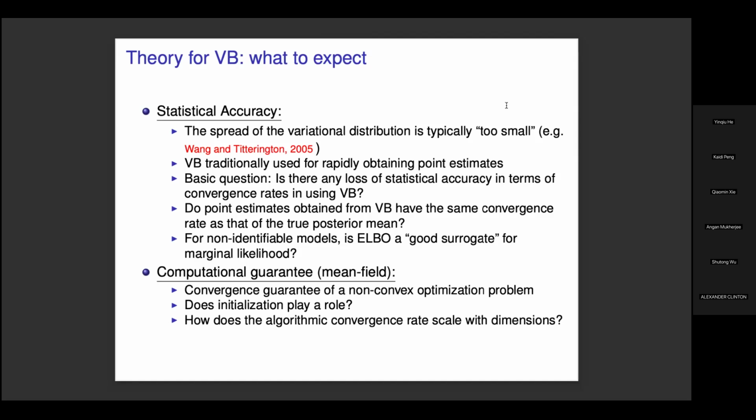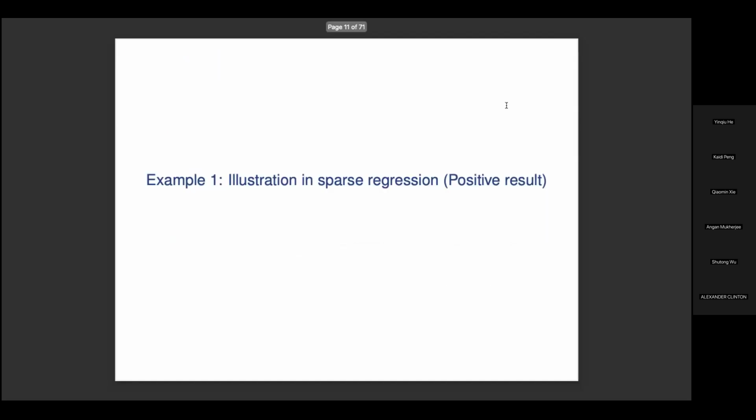From the computational side of things, we'd like to answer questions like whether initialization plays a role here, and how the algorithmic convergence rate scales with the dimension and so on. Also, feel free to stop me at any point if you have any questions.